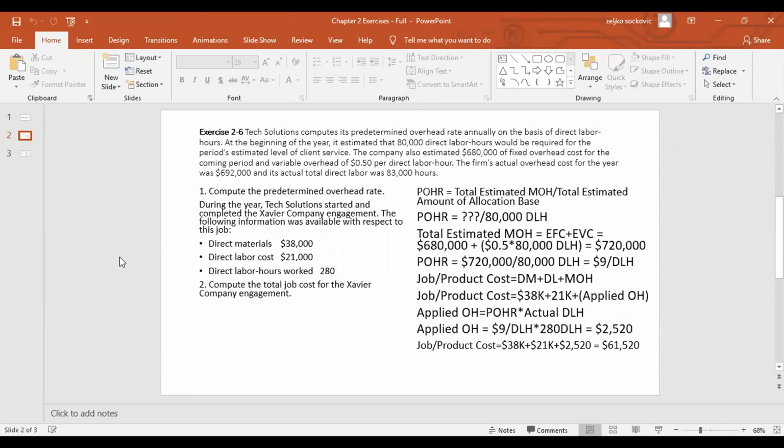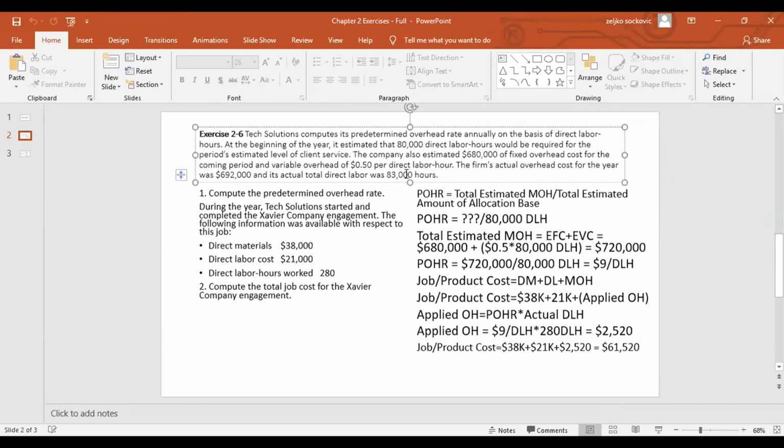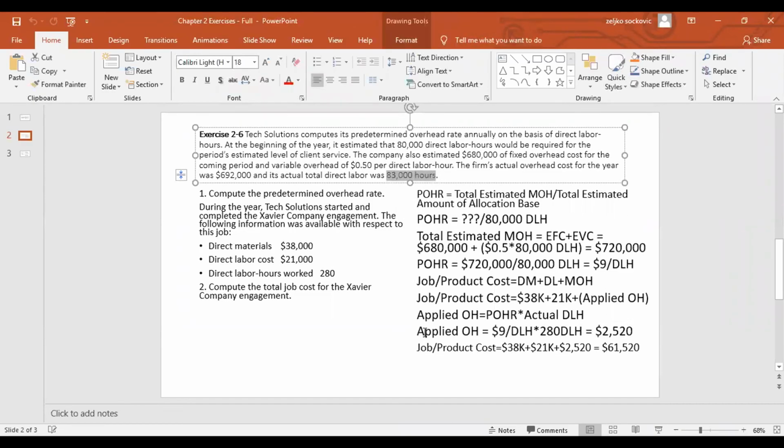In this case, also, we don't care about over or under applied. We are not asked for this, and usually we would look for over or under applied when we're dealing with totals. For example, if we multiply 9 by 83,000, we will get some total applied overhead. It says here the firm's actual overhead cost for the year is 692,000.